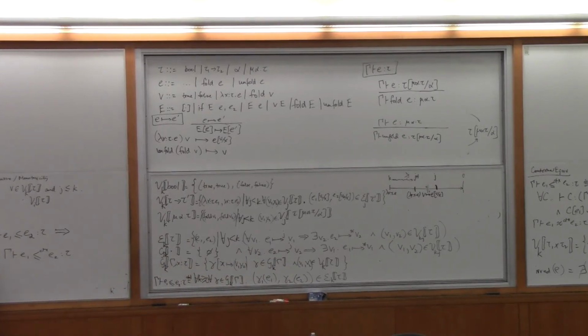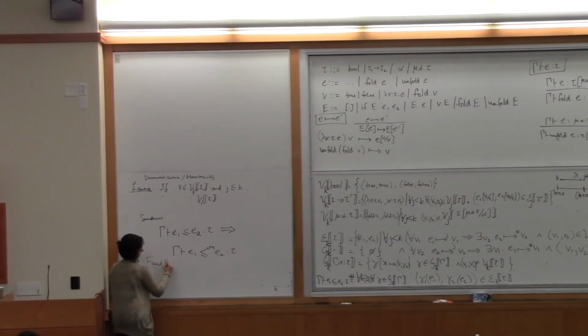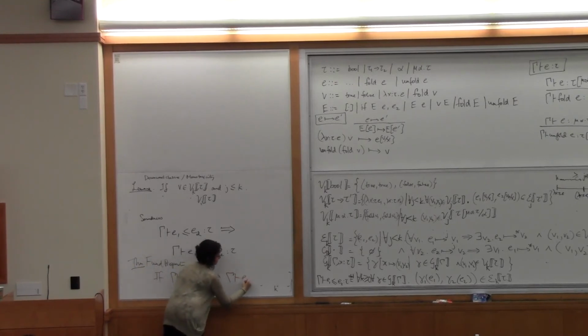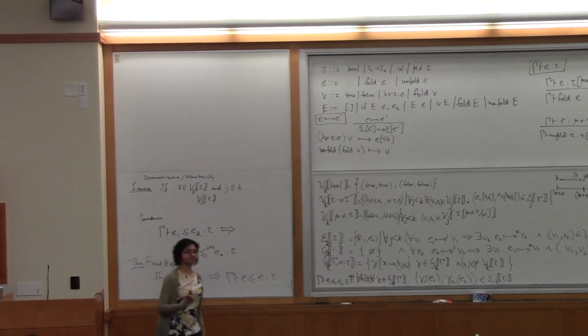The fundamental property of this logical relation, the theorem that you are after, is that if you have an expression E that is well typed, then it is related to itself. Notice they're not two E's, just one.